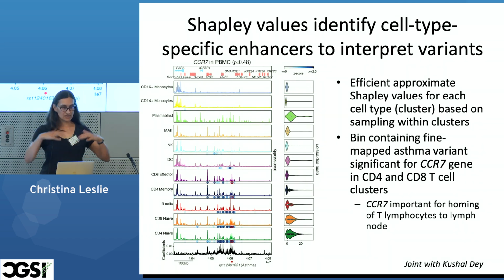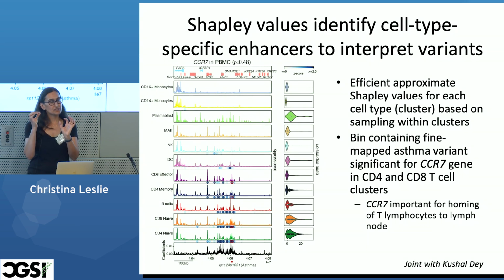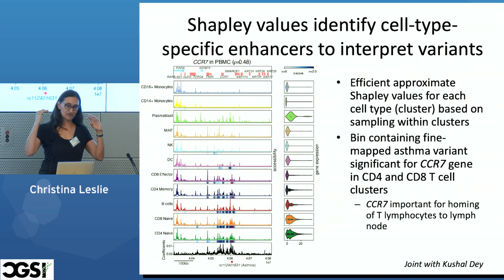We can take the model and then do a Shapley or approximate Shapley analysis, so just feature attribution per cell type, which tiles are important for predicting gene expression in cells in one cell type.